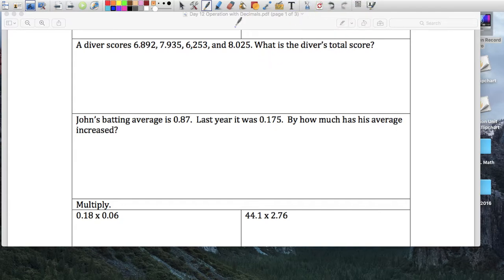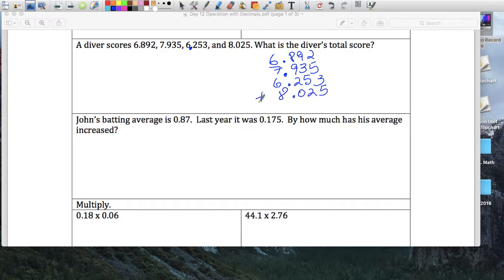Again, it's not the adding that I am concerned about. It's just making sure that when you do add these numbers, you place the decimal under decimal. So that makes sure that you're lining up the place values nicely. So this is 6.253, and the last one is 8.025.